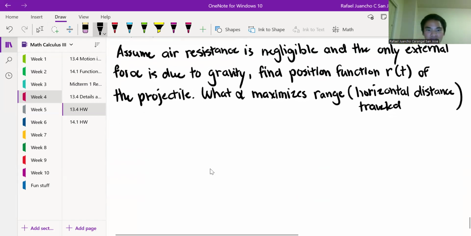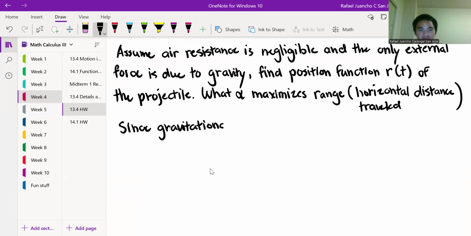And what else can we say? We can say that since the force due to gravity, or the gravitational force, actually acts downward, then we can use Newton's second law of motion, right? So we say that since gravitational force acts downward, then we have F is equal to ma.